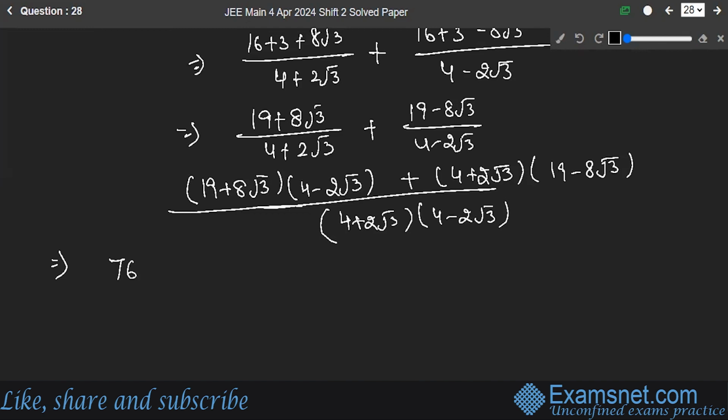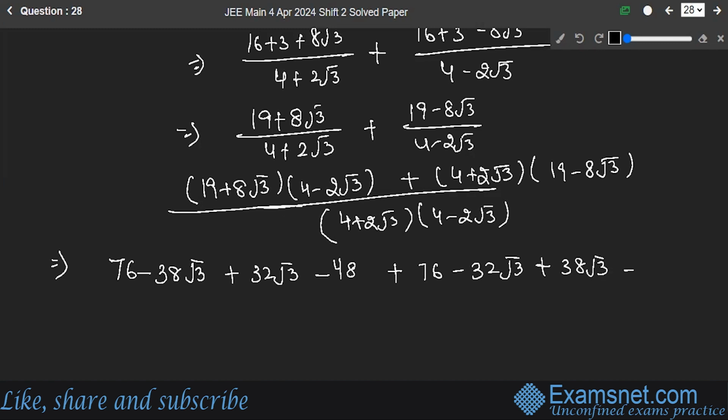This is 76 minus 38 root 3 plus 32 root 3 minus 16 into 3, which is equal to 48, plus 19 into 4, 76 minus 32 root 3 plus 38 root 3 minus 16 into this.